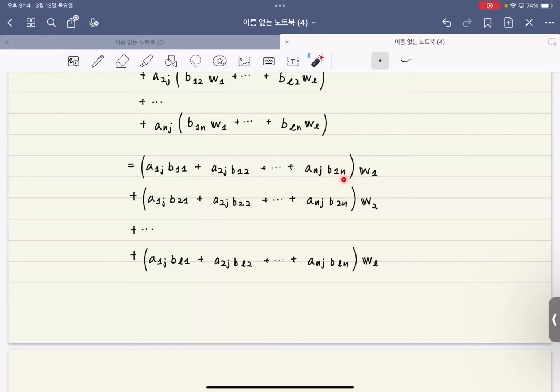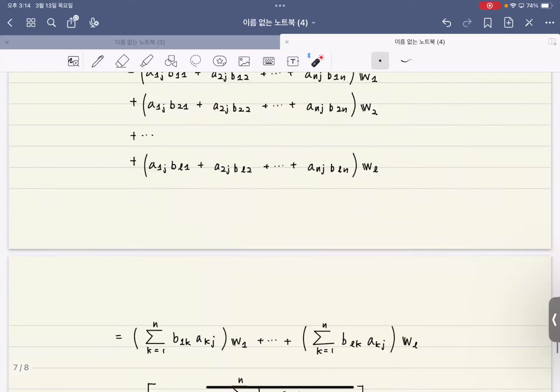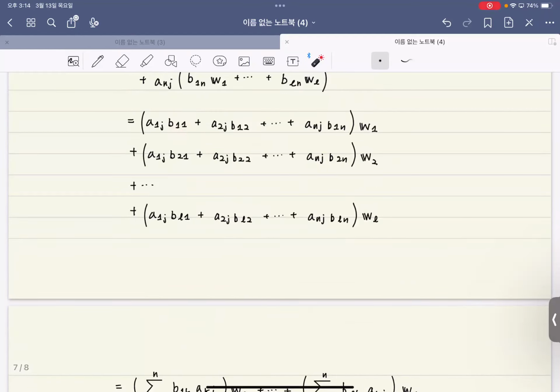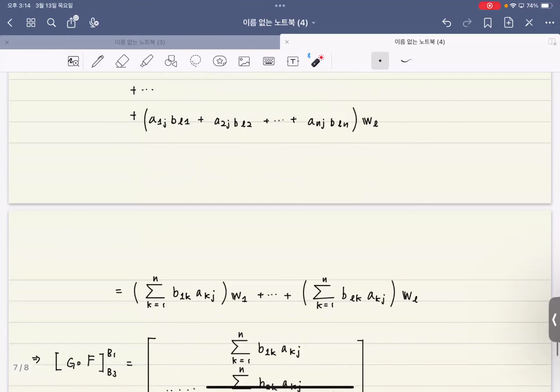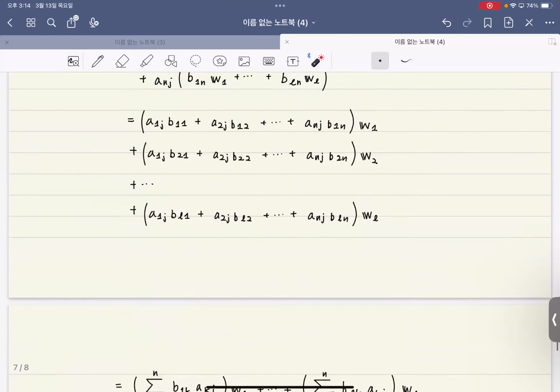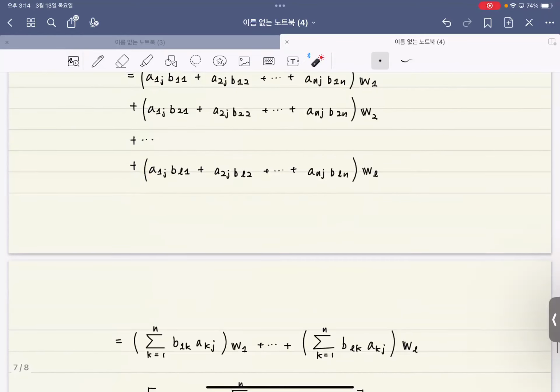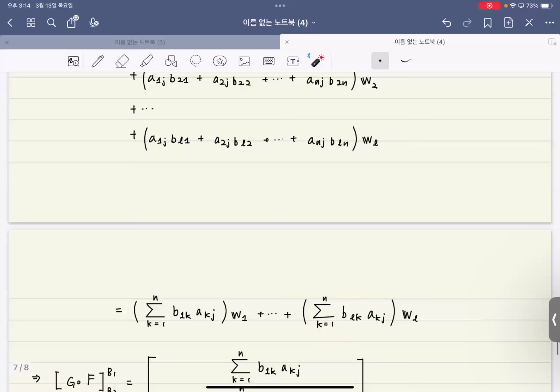Combining this, I can summarize it in sigma notation with K from 1 to N. I just changed the order because they are all real numbers. So B1K times AKJ, and K runs from 1 to N. This term was written like this, and this term like this. And for BL1, this index and that index always agree. So I did it like this.